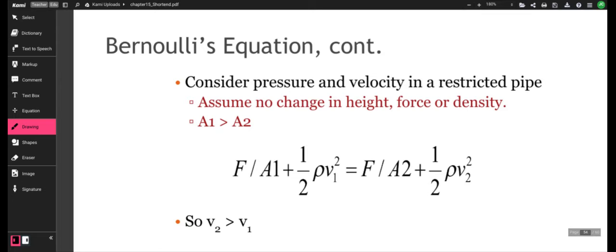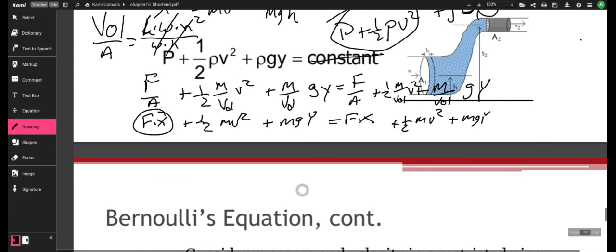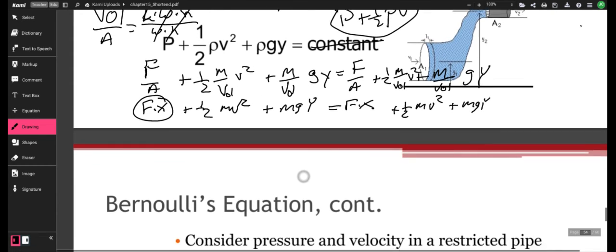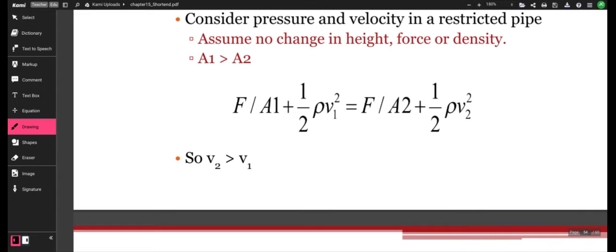If we keep no change in height, then the potential energy has not changed, so the mgy component is not changing. That leaves only two components in this equation: the pressure and the kinetic energy. And so if we are seeing a change in the cross-sectional area, that's a change in the pressure.